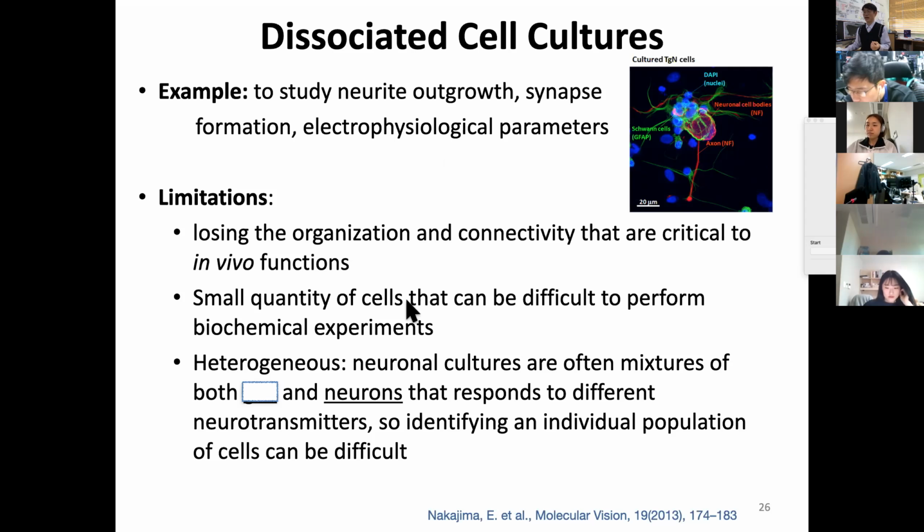It's difficult for that. And the cultures are heterogeneous, of course, often mixtures of both neurons and glia, which are non-neurons in the brain that respond to different neurotransmitters. So identifying individual populations of cells can be difficult. You see the limitation here, but the advantage is you can reach these cells very easily.